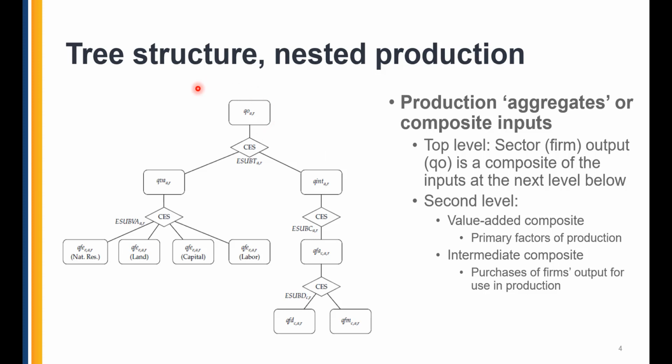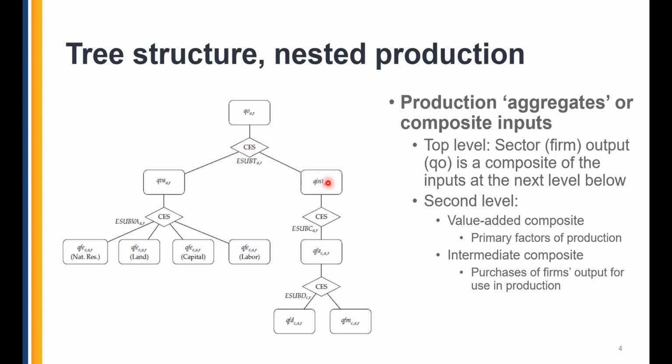So at one stage of production, the final output is made by combining two things: this composite input that was made somewhere else on a different production function of all the primary factors, or the value added.